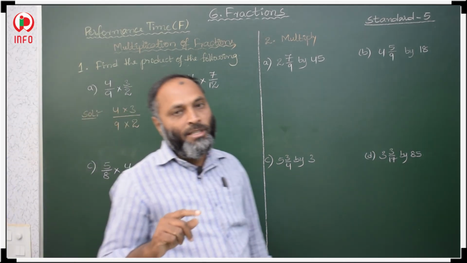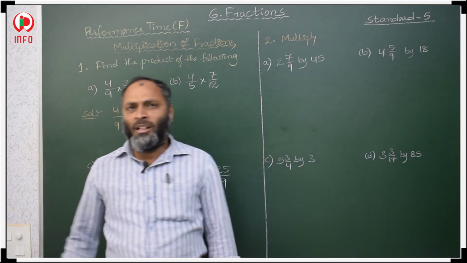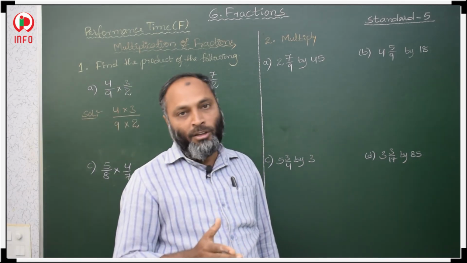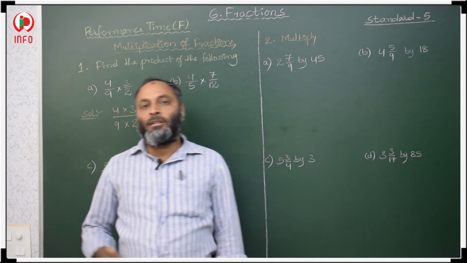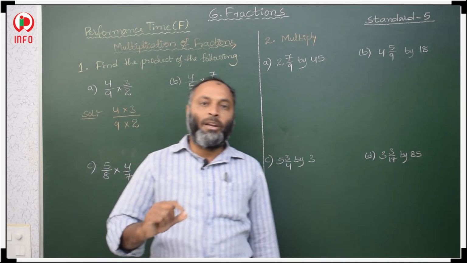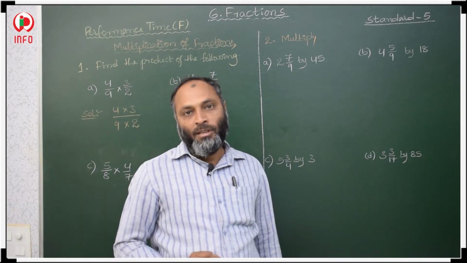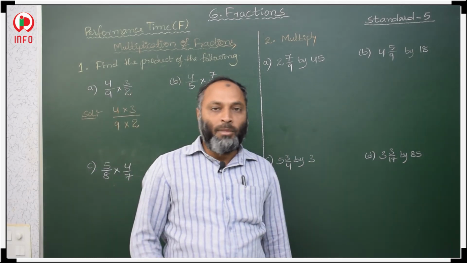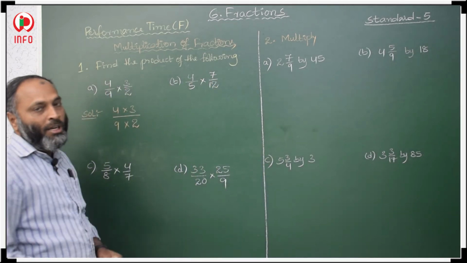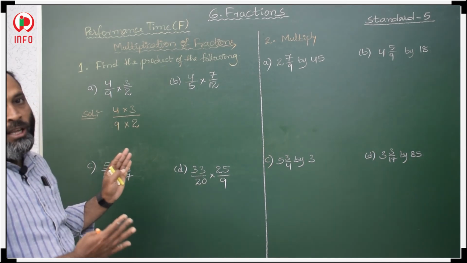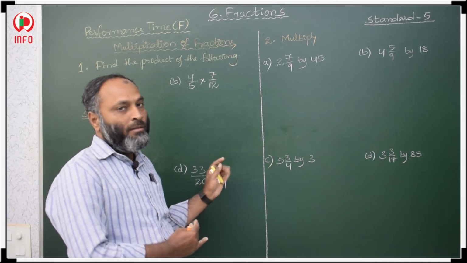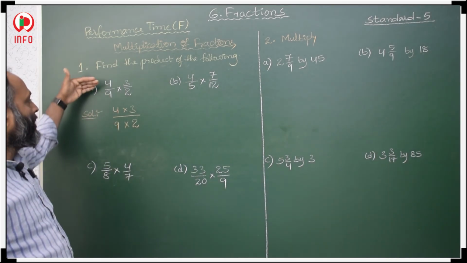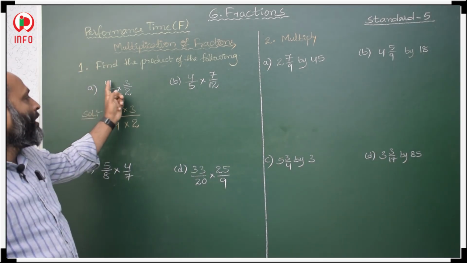In addition and subtraction, first we convert unlike fractions into like fractions, then add the numerators and take the common denominator once. But multiplication is separate; there is no similarity between addition, subtraction and multiplication.